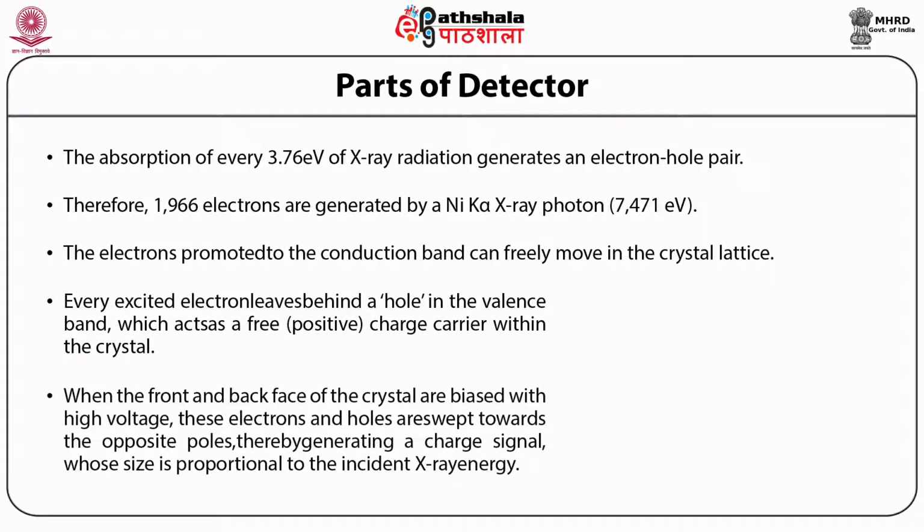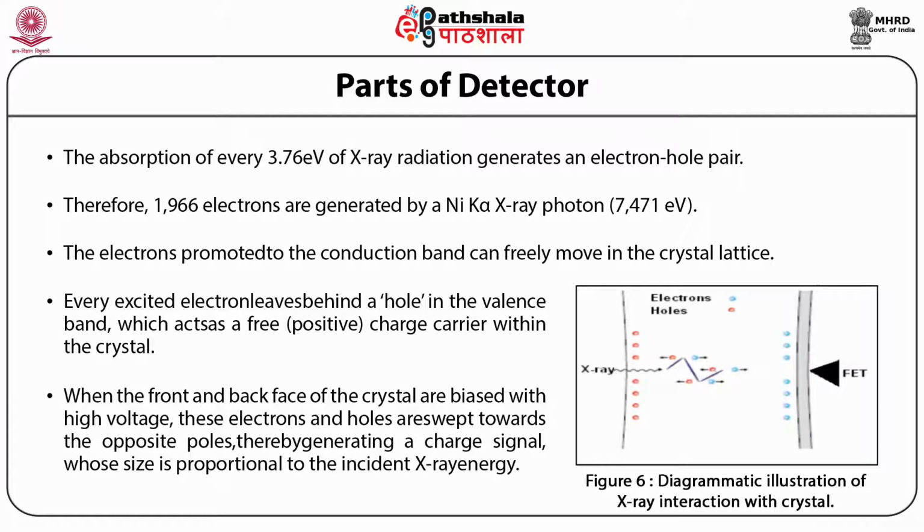When the front and back face of the crystal are biased with high voltage, these electrons and holes are swept towards the opposite poles, thereby generating a charge signal whose size is proportional to the incident X-ray's energy. The diagrammatic illustration of X-ray interaction with the crystal is shown in figure 6.